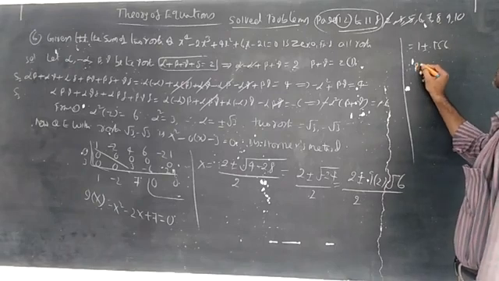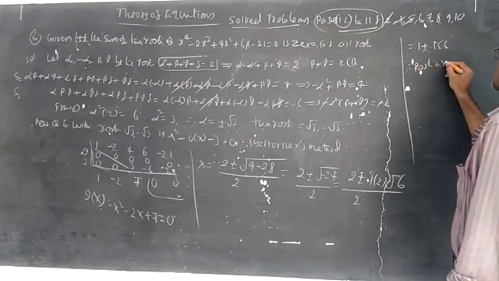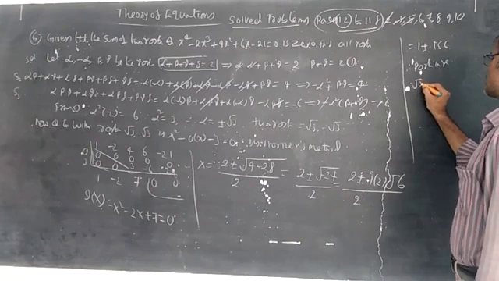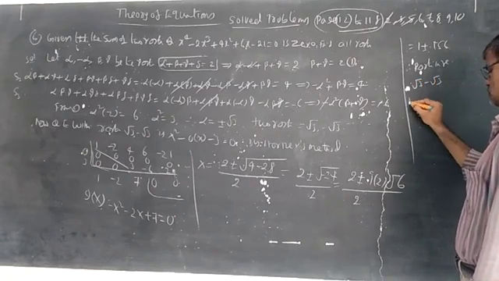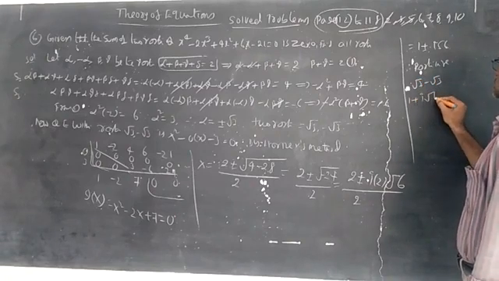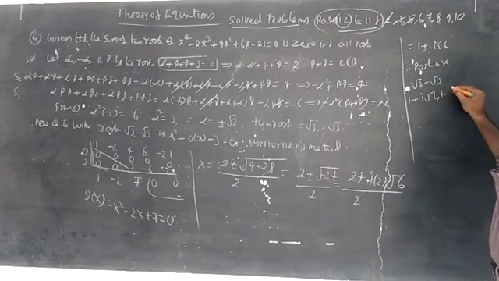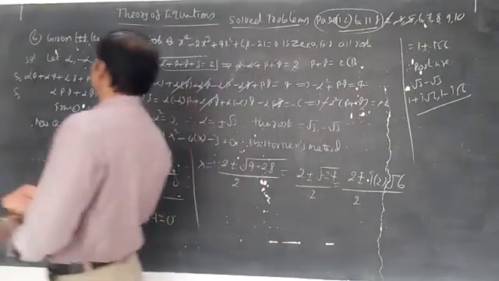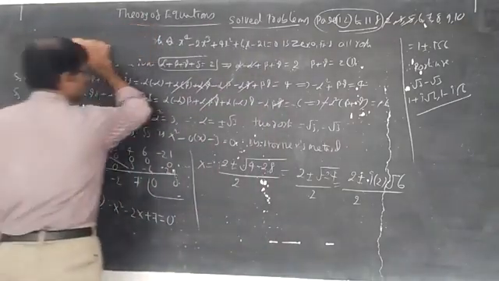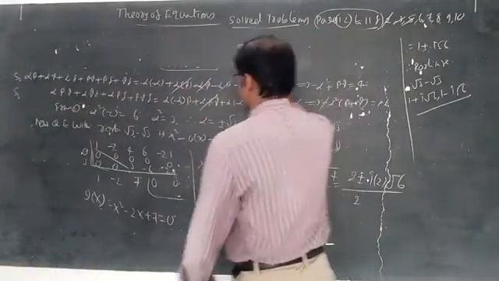Therefore, roots are root 3, minus root 3, 1 plus i root 6, 1 minus i root 6. These are the roots, 2 real roots and 2 imaginary roots we got for the equation by quadratic equation.